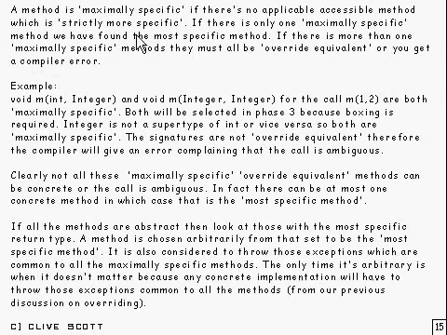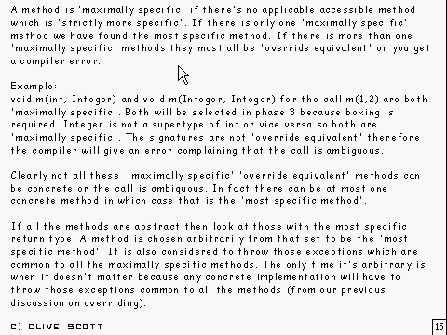Now we come to the concept of maximally specific. What you do basically is, if you find a method where one is strictly more specific than the other, just throw away the least specific and you'll be left with a set of maximally specific methods.